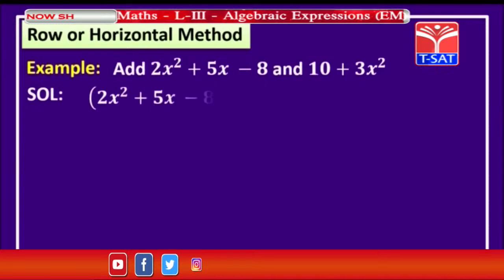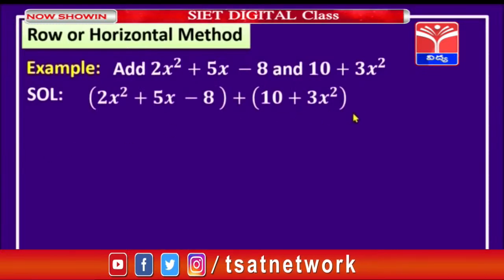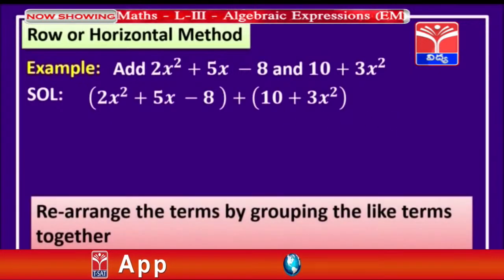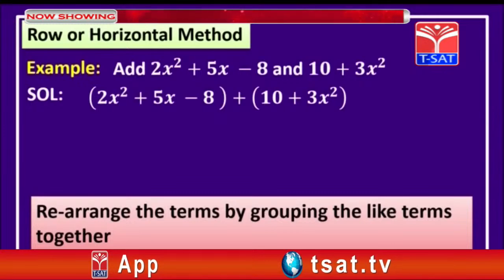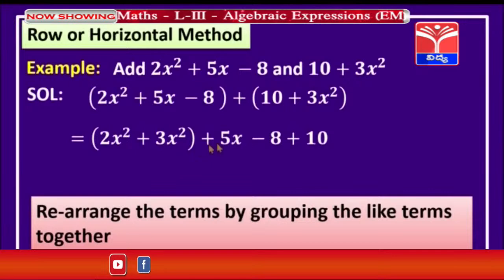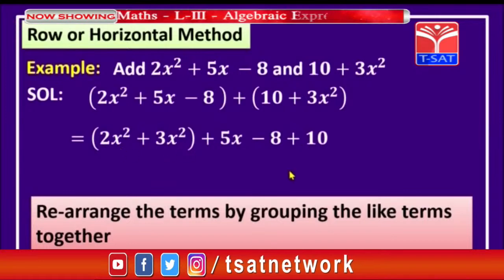Let us see now. We are going to write the first algebraic expression plus the second algebraic expression in a single row. Now what are we going to do? We are going to rearrange the terms by grouping the like terms together. So I am going to bring these two like terms together, plus we have only one x term, and minus 8 plus 10 I am writing separately. Now 2x square plus 3x square.